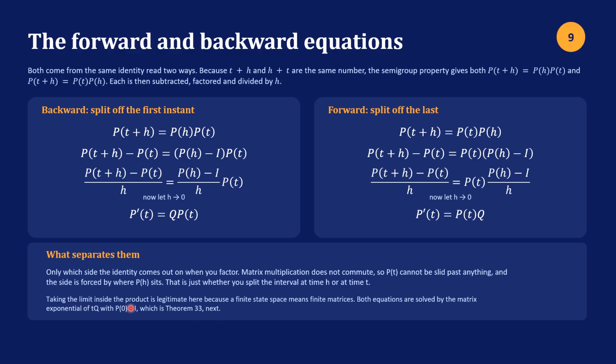Taking the limit inside the product is legitimate here because a finite state space means finite matrices. Both equations are solved by a matrix exponential of t of Q with P of 0 equals I, which we'll get to at theorem 33 next.